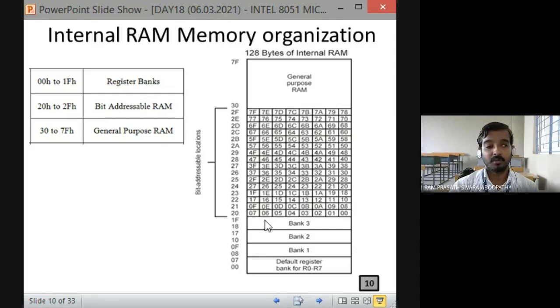Register bank area means we have 4 banks of registers. Each bank has 8 registers. In total we have 32 registers. But each register in each register bank has similar naming, R0 to R7 only. So before using any register, the register bank must be selected first. I hope it is clear to all of you.